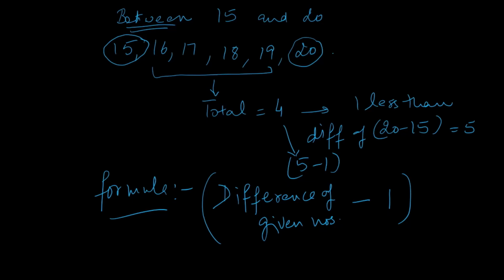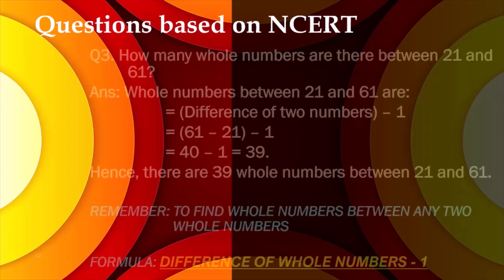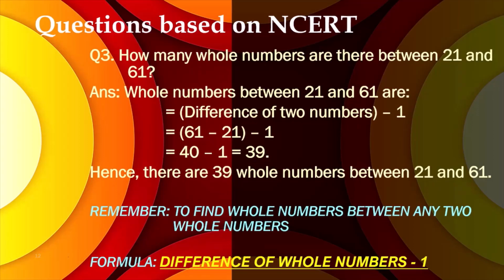Let us come to our original question. The question was, how many whole numbers lie between 21 and 61? So we use the formula once again: difference of both numbers minus 1. So it would be 61 minus 21 minus 1. 61 minus 21 gives us 40, and 40 minus 1 gives us the total number of whole numbers lying between 21 and 61.